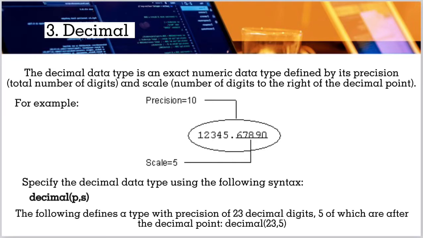For example, as you look at this figure, the precision is equal to 10 because it is the total number of digits in this figure. And the scale is equal to 5 because it is the number of digits to the right of the decimal point, which is 67890.